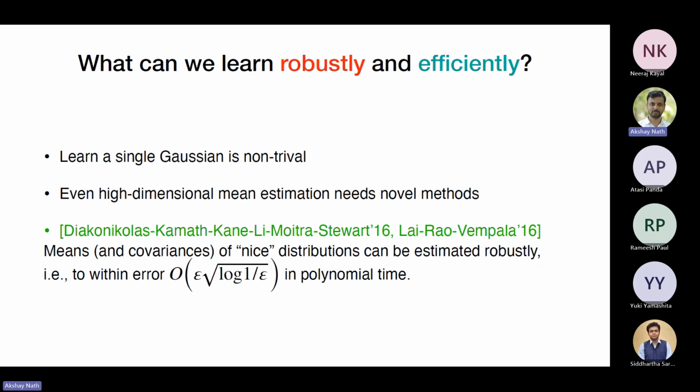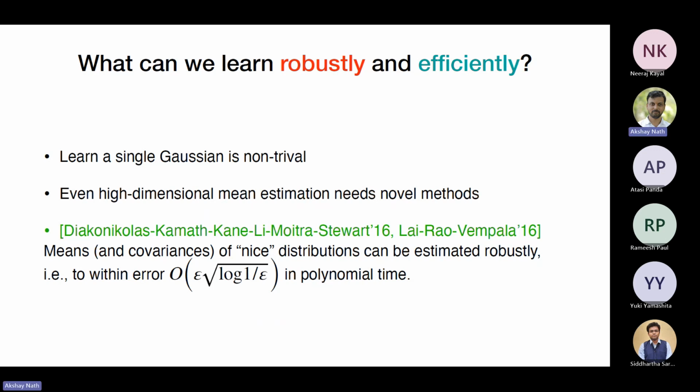And let's see some previous results, what we can learn robustly and efficiently. First, even learning a single Gaussian in high dimension is non-trivial. You can't just use the empirical mean as we usually do. A single outlier can corrupt every moment. Also, high dimension mean estimation needs some novel methods.